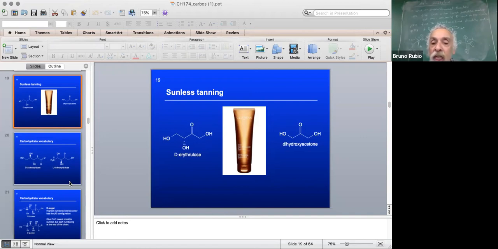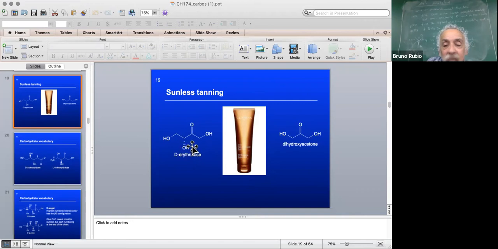So imagine you have a hamburger, right? You put a hamburger on the grill. It goes from being red to brown, and brown food tastes good, right? That's the Maillard reaction. It's a sugar reacting with the protein in the meat to make something that's brown. And that's exactly how sunless tanning works.